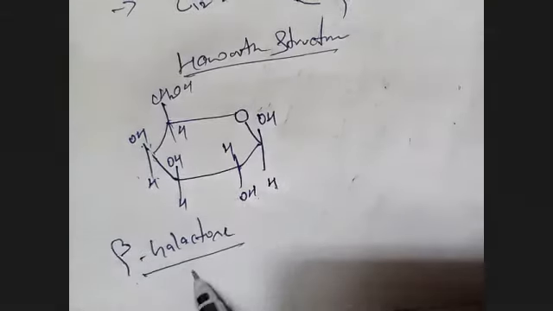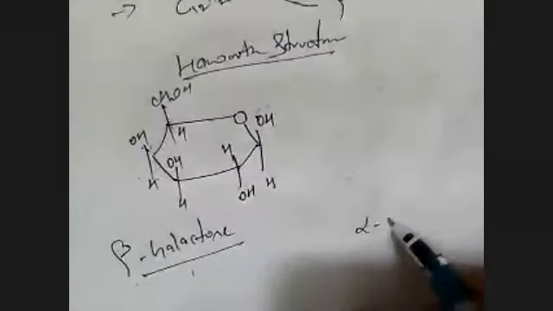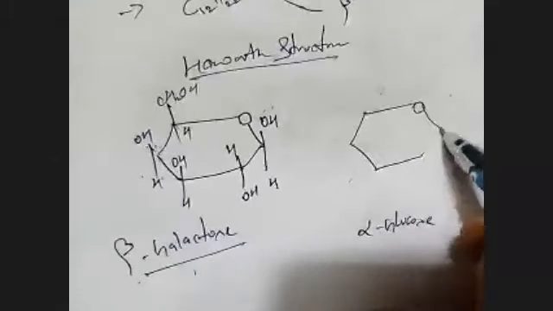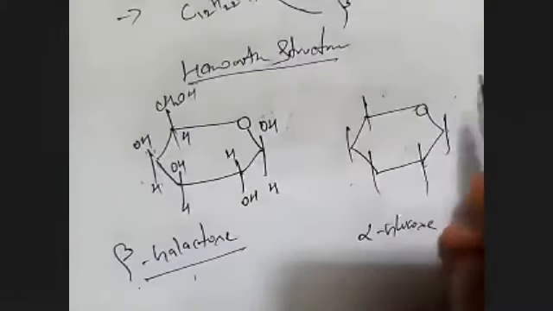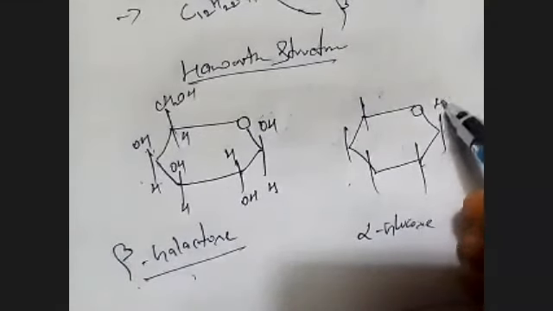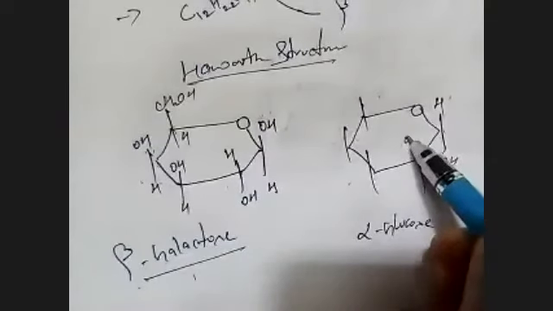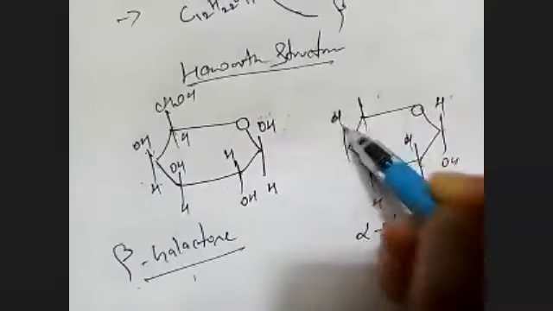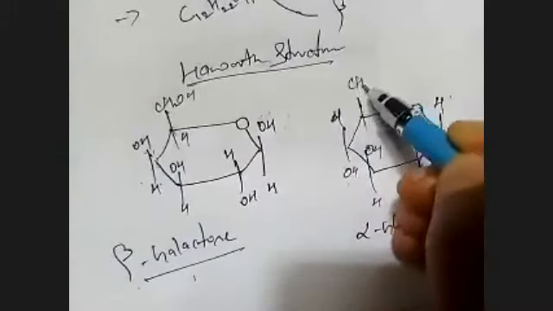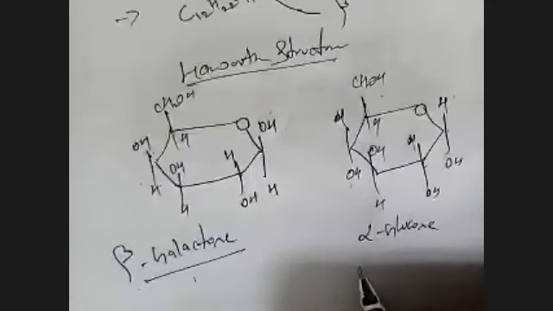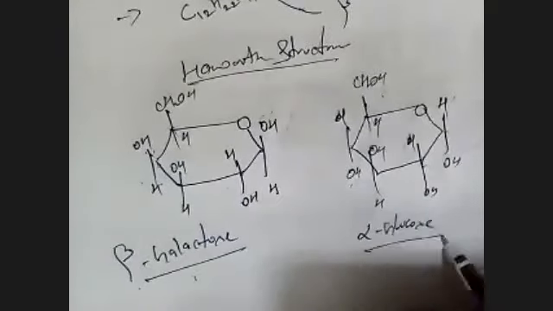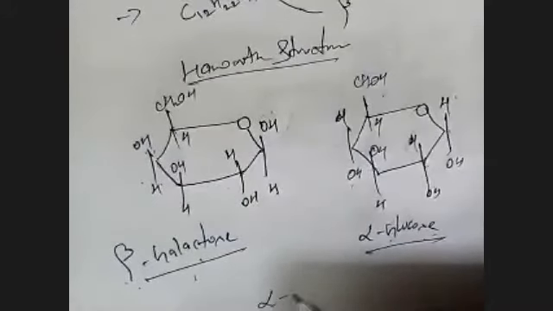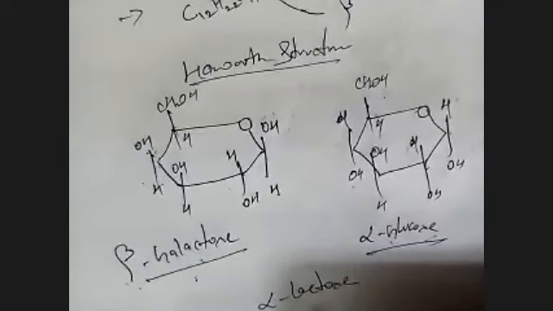Okay, fine. This is beta galactose, and I'll write alpha glucose. Glucose remains the same always. So when beta galactose combines with alpha glucose, it will give you alpha lactose.